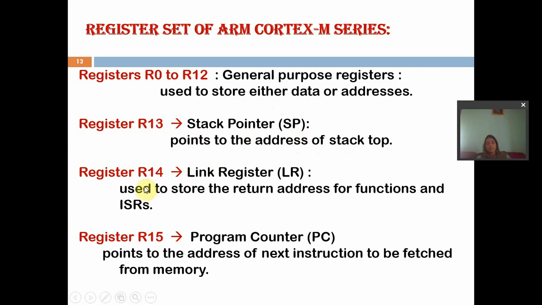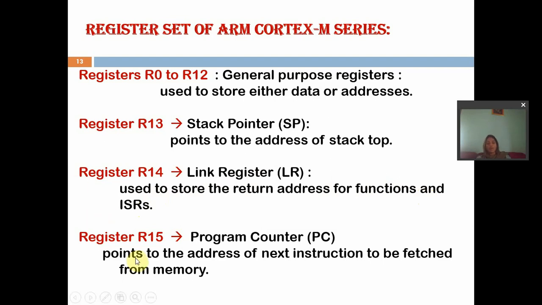The second special register is R14, known as the link register. It is used to store the return address for functions and ISRs. Whenever a subroutine is called, after that subroutine, the link register will hold the address of the instruction to return to.